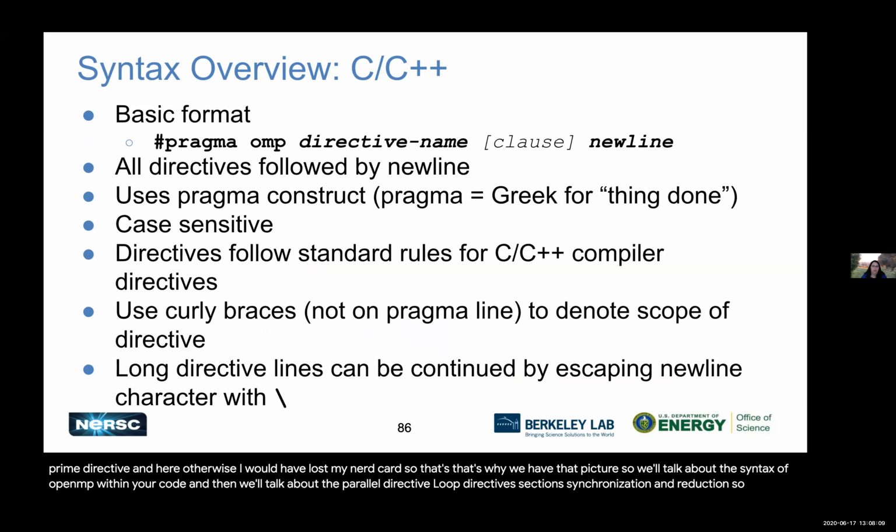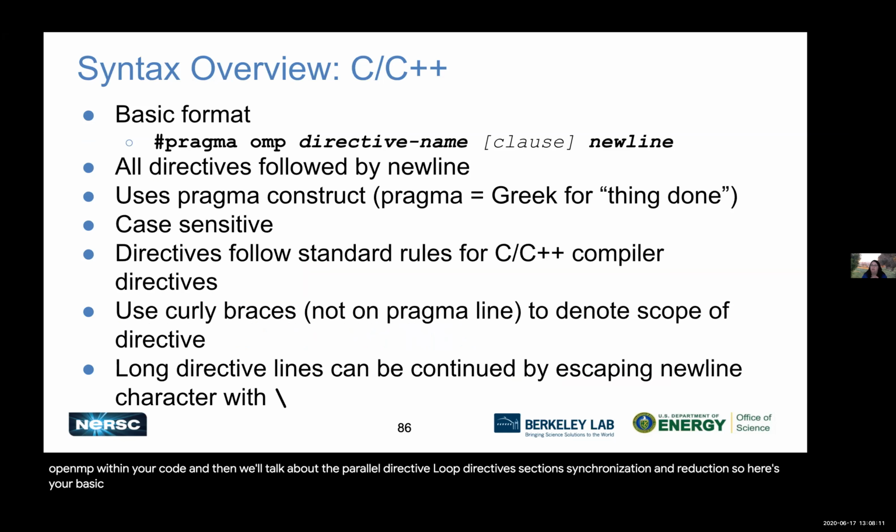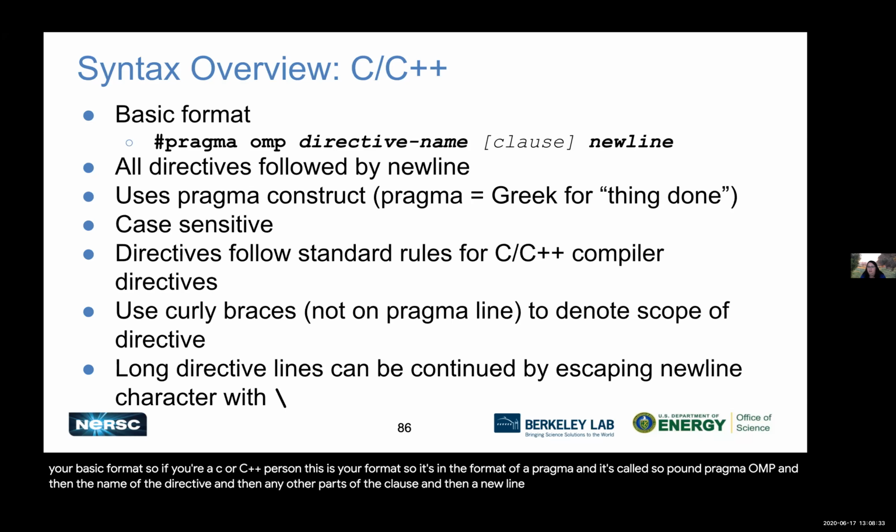So here's your basic format. If you're a C or C++ person, this is your format. It's in the format of a pragma, so pound pragma omp, and then the name of the directive, and then any other parts of the clause, and then a new line.